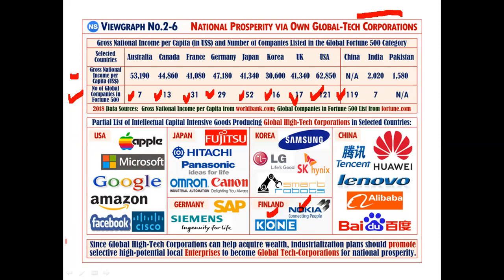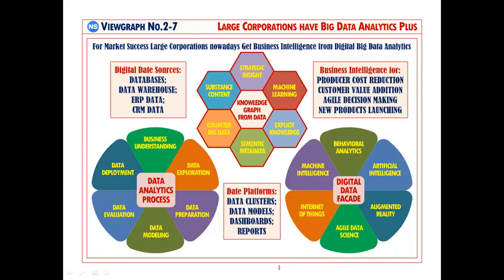So, since global high-tech corporations can help acquire wealth, industrialization plans should promote selective, high-potential local enterprises to become global high-tech corporations for national prosperity. One more reason I'm giving for becoming global corporations: this is the big data analytics plus. Nowadays, we hear a lot.